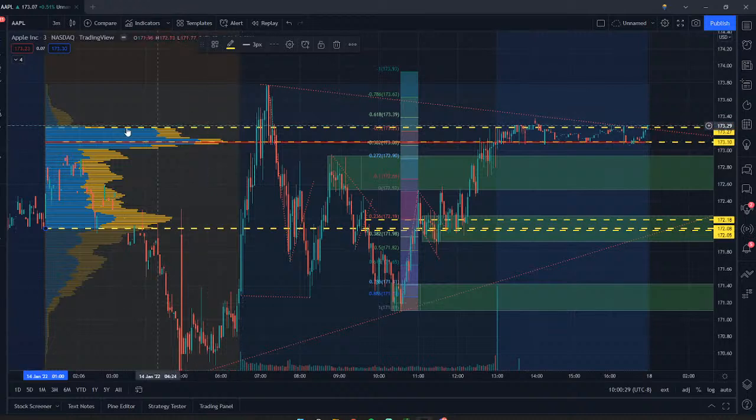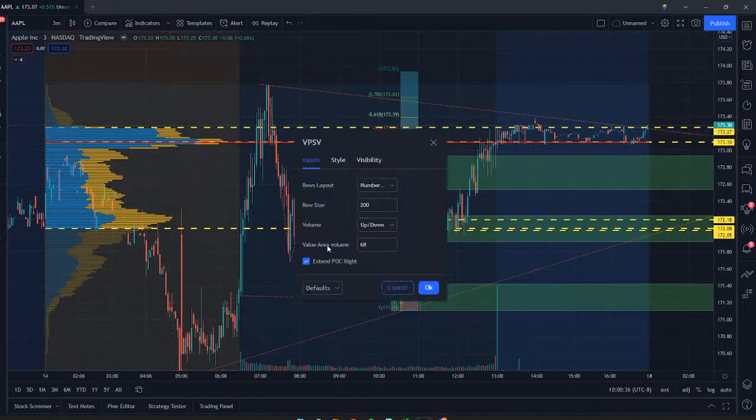So the reason that I highlighted this value area here, let me show you guys. The value area, 68%. And like I said, this is not going to be a video on value area per se. I have videos on my channel that cover value area, volume profile, and POCs way more in depth.